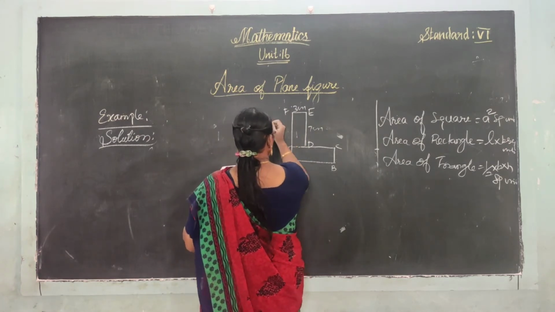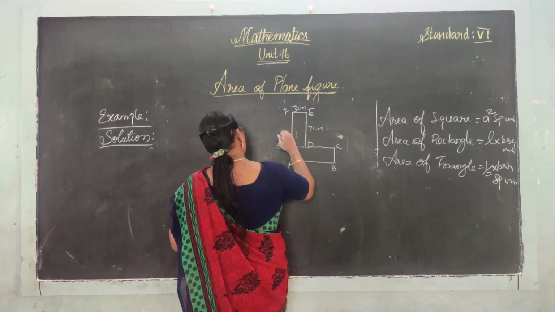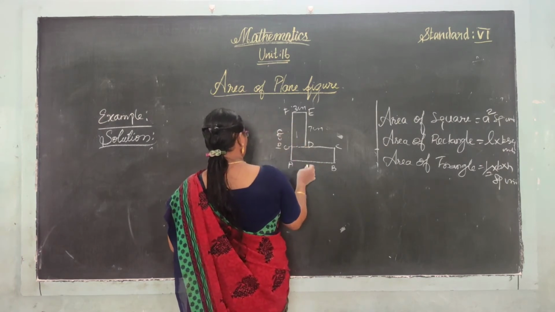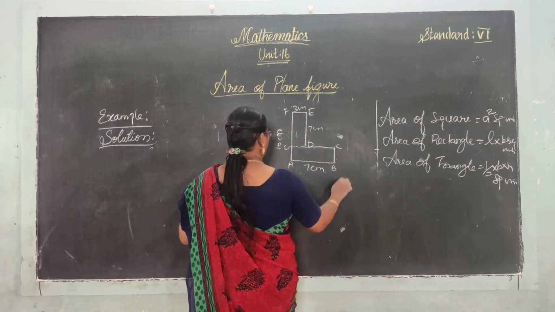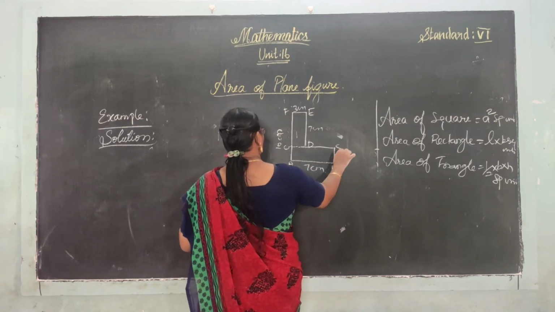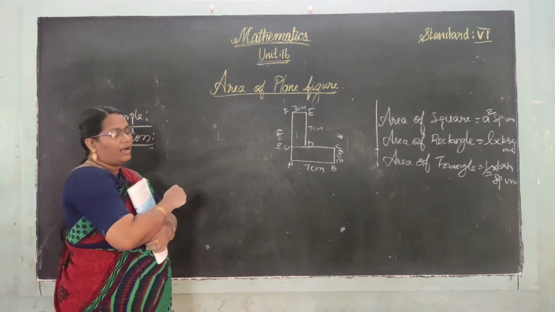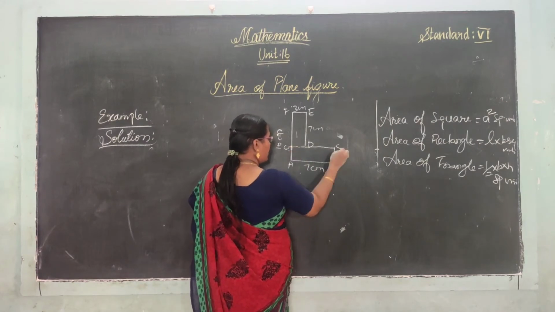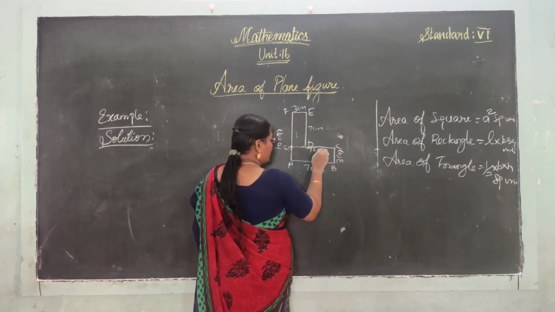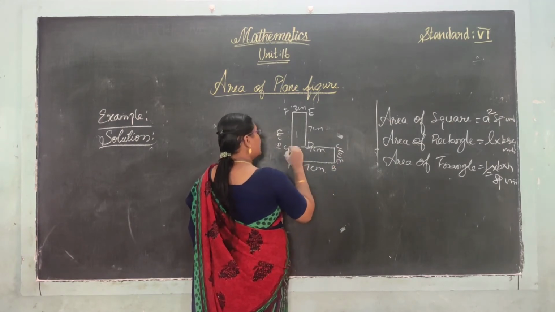Okay, I'll write like this. Okay, 10 centimeter and the base is 7 centimeter. Here 3 centimeter. You know that opposite sides are equal in a rectangle. Okay, so here 7 centimeter. The length of GC is also 7 centimeter. Here the breadth BC is 3 centimeter. Here also 3 centimeter.